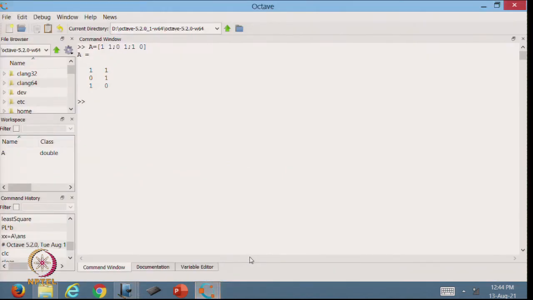So, let us now take V equal to, V1 is 1 by square root 2, and let us copy it, because the same value I have to write.